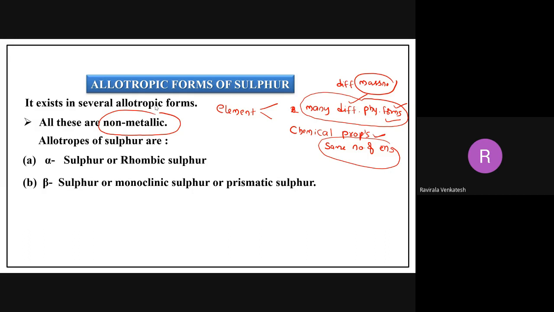Next, alpha form is called rhombic sulfur. And beta form is called monoclinic sulfur, or prismatic sulfur also we can call.